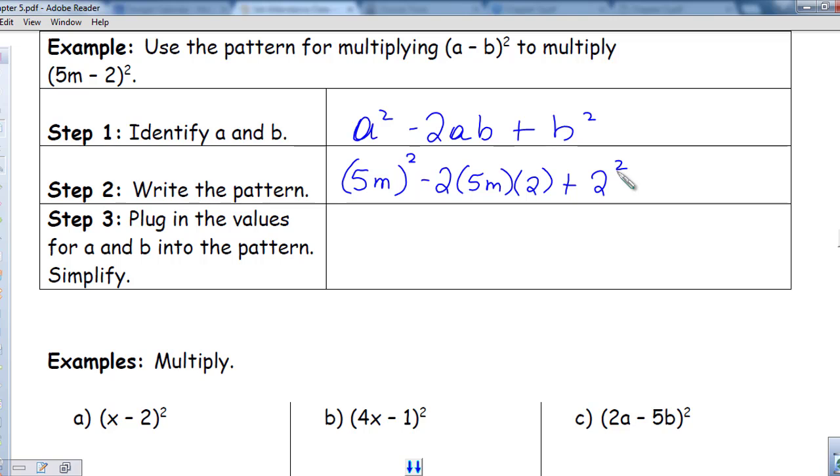And so when we do this, we get 25m squared minus 20m plus 4. For us, a was 5m and b was 2. We squared the first term, squared the last term, and then in the middle, we've got 2 times a times b.